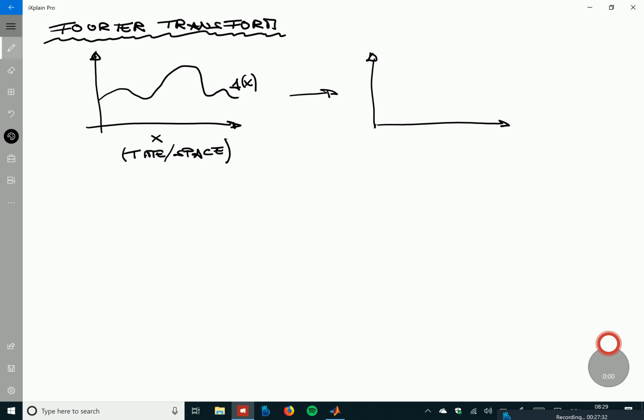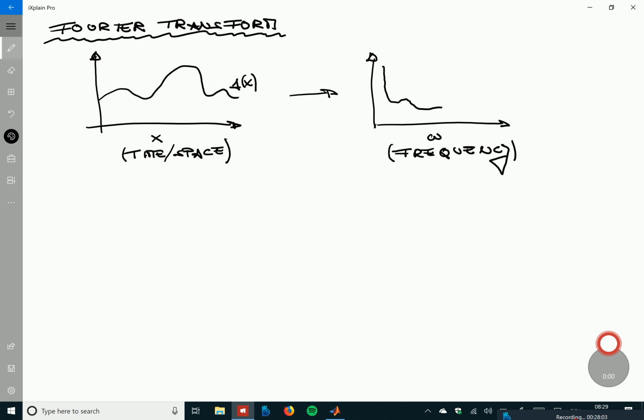So that's the domain here, and what we set out in the very beginning is that we want to express the same thing in terms of another function that extends over frequency space. So we want to associate with it some frequencies, and I'm now drawing some other function here.